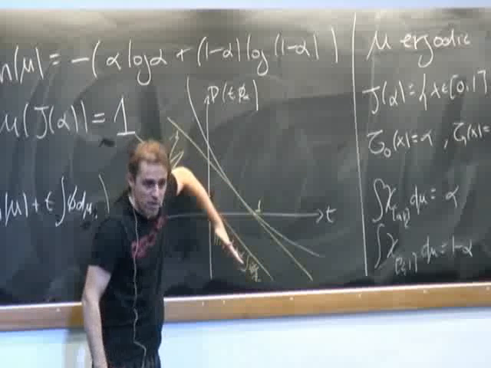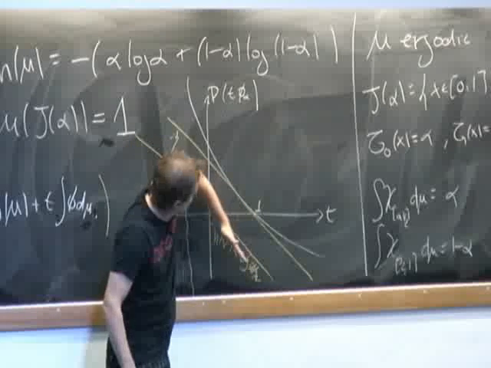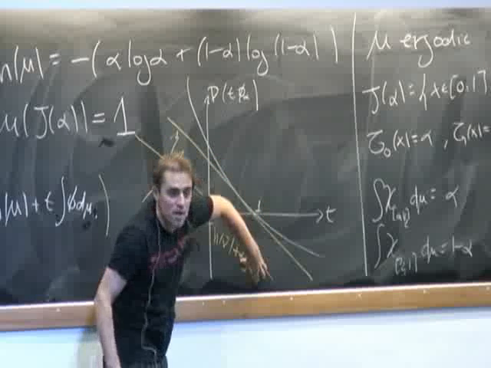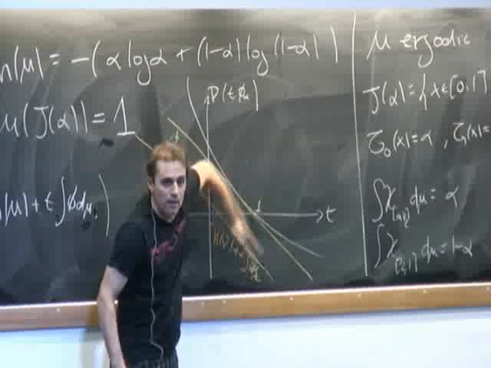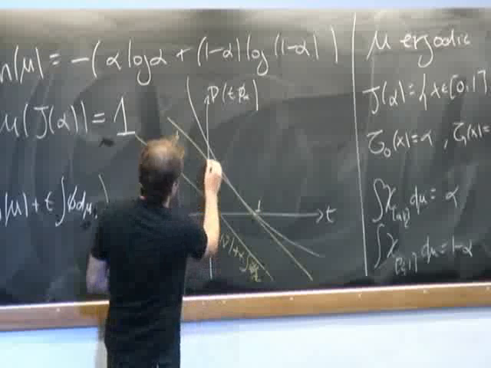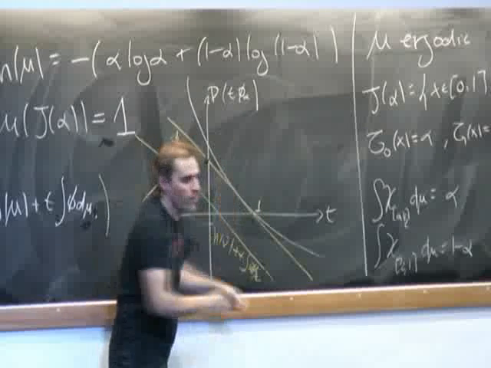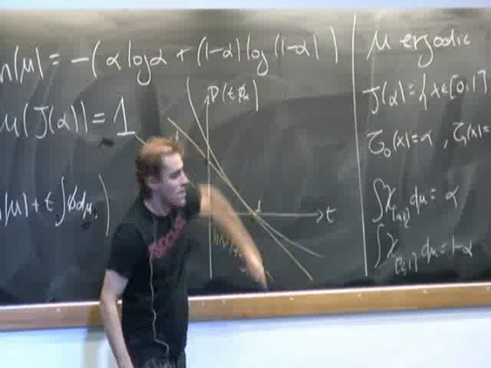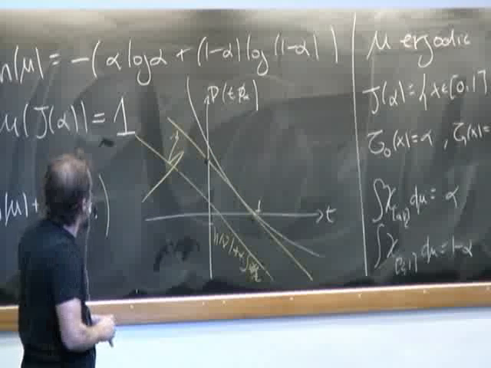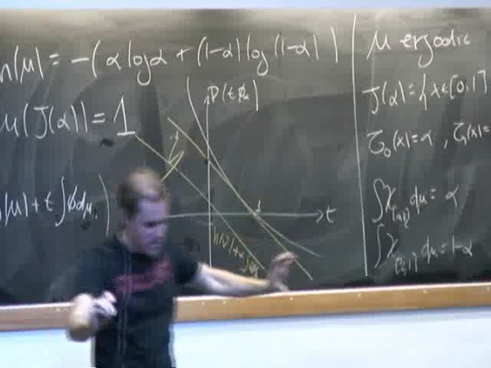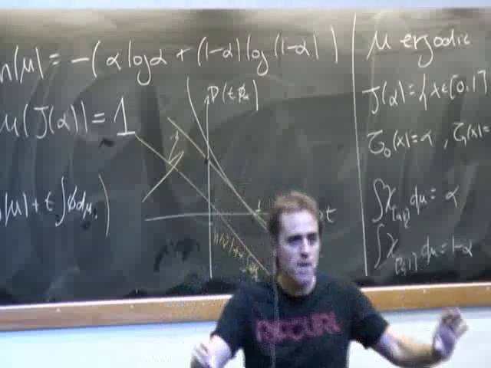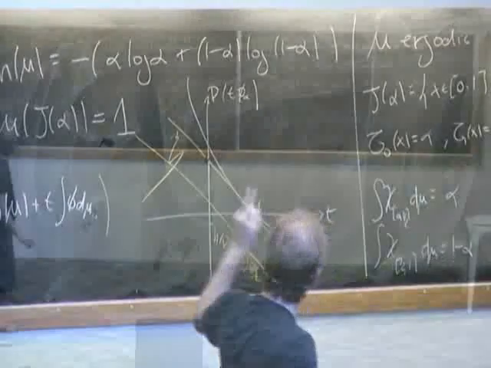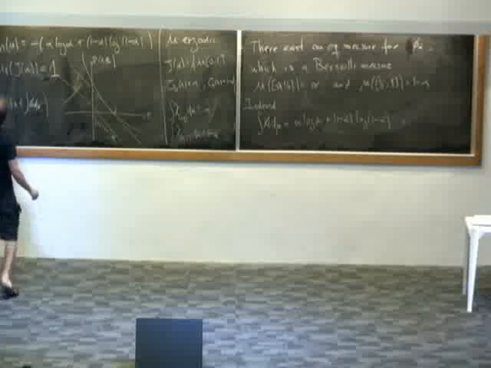Because of the variational principle, this should be at most that. This number is constant, the lines are parallel, therefore the entropy is at most that. What I'm saying then is that that strange number that I put at the beginning, the supremum of the entropy of all ergodic measures supporting the set J alpha, is actually this number.